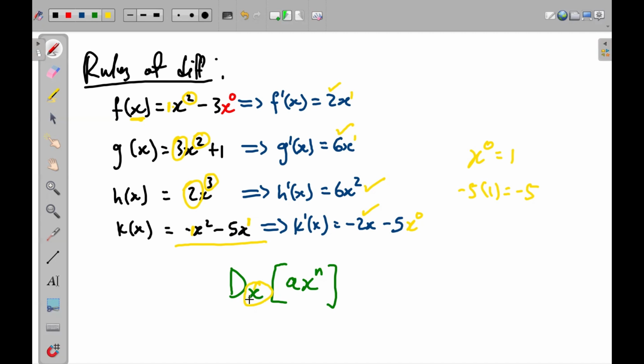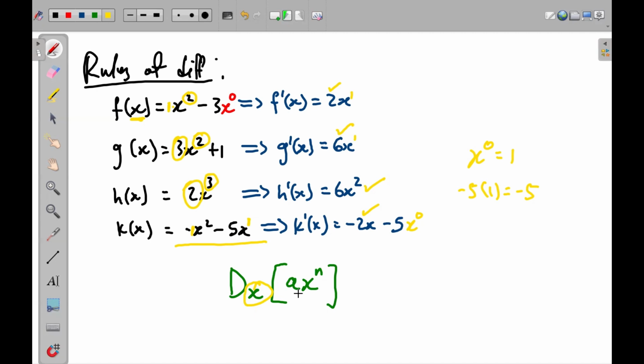It is actually saying to you, you are finding the derivative of the expression that is inside the brackets with respect to the letter x. So in other words, you pay attention to the exponents of the letter x. Everything else is going to be treated as a constant. What I just said now is very important for what we will be doing later.